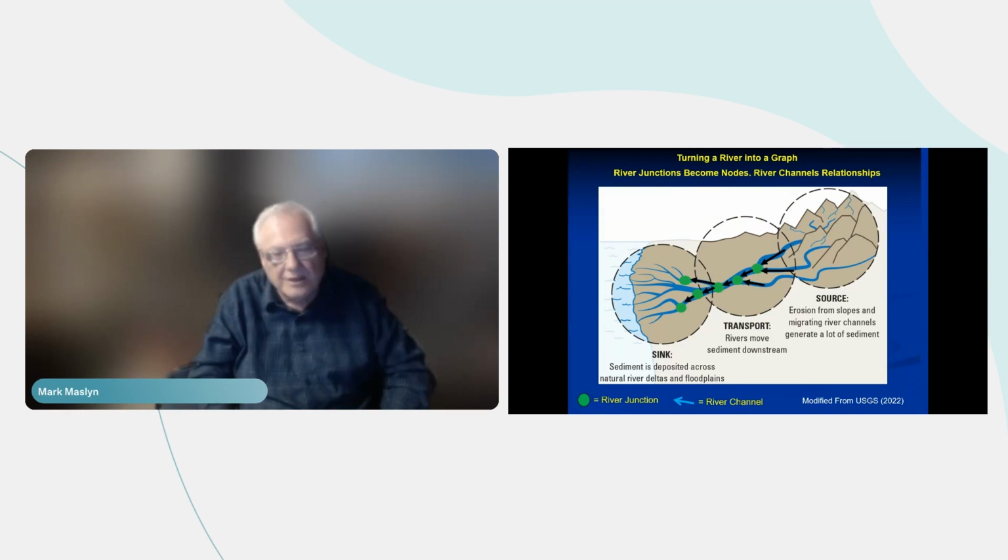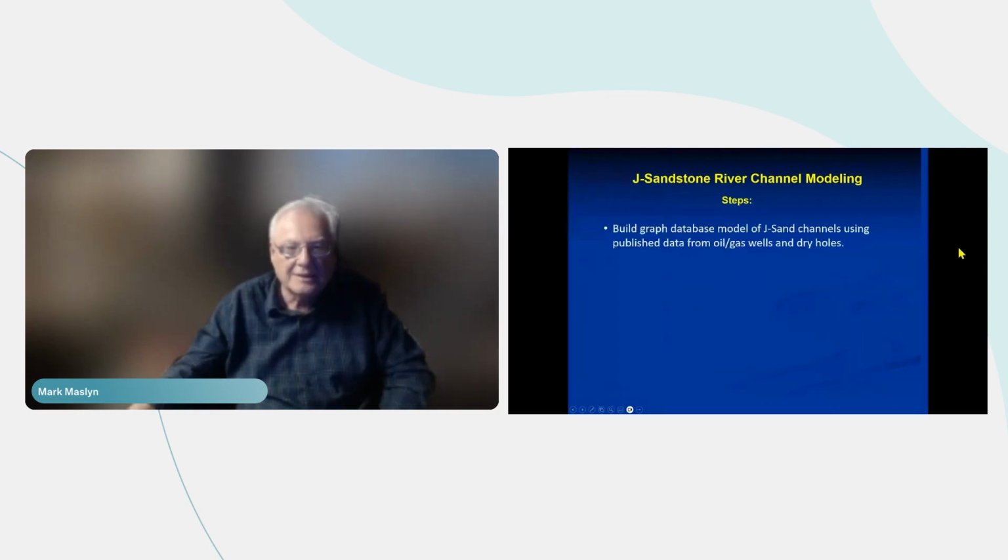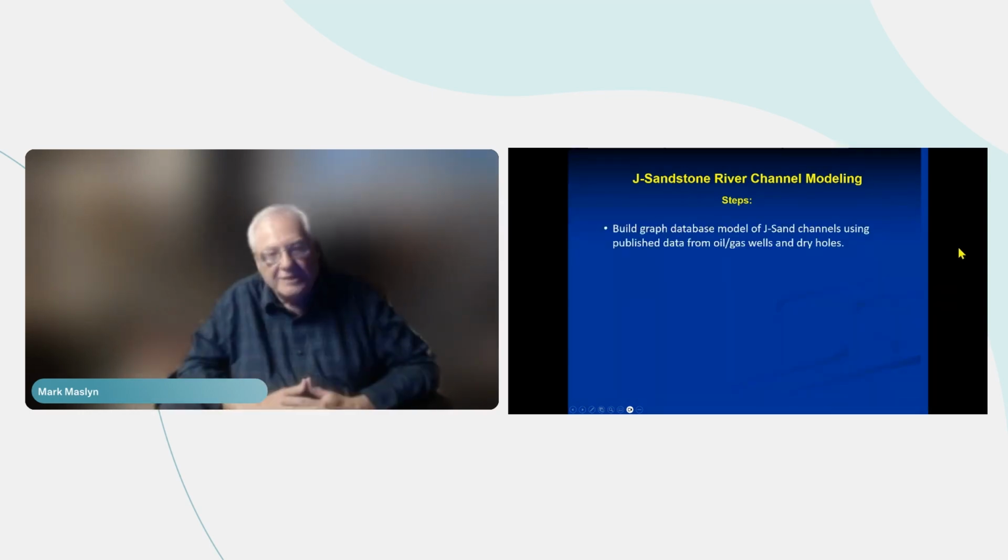So in order to model the J sandstone channels, those rivers, what I did is I digitized. Let's look at this. Here we go. The very first step in the river channel modeling was to build a graph database model of the channels using published data from oil and gas wells and dry holes.